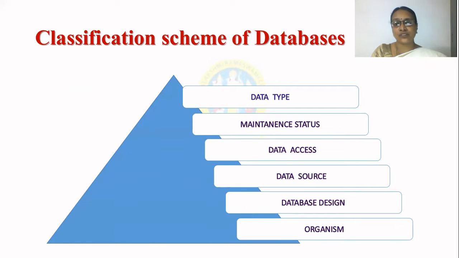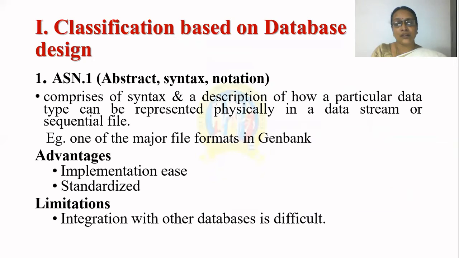The classification scheme is as follows. It is based on data type, maintenance status, data access, data source, and database design and organism. First, let's see the classification based on database design. The first one is ASN.1.